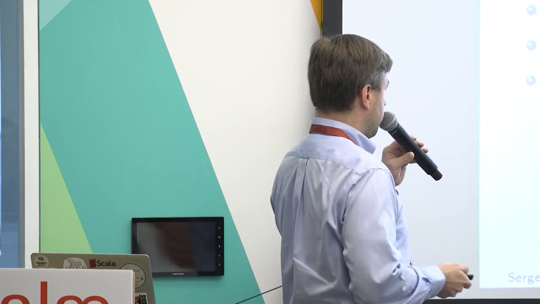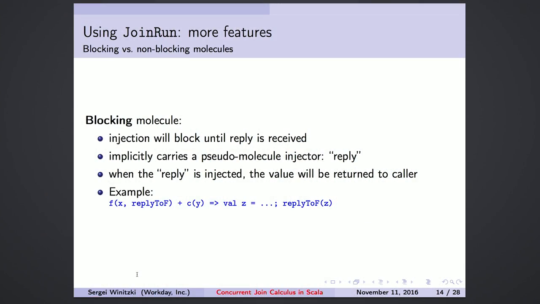So here's how it works in the chemistry. Imagine that F is a blocking molecule. Implicitly, it has a reply functionality. This reply functionality is represented by this reply molecule, which is implicit, which is not real.